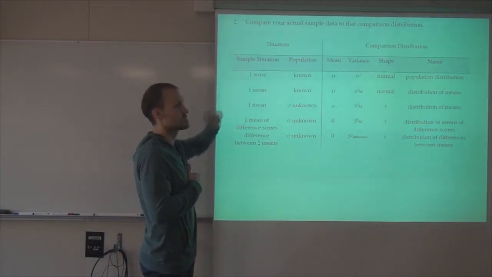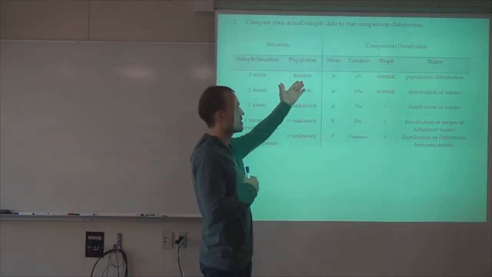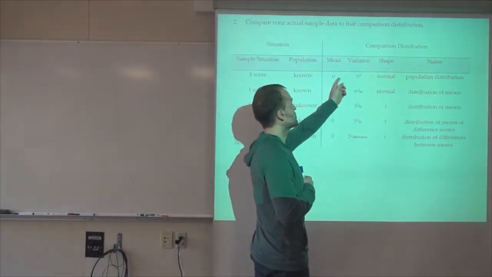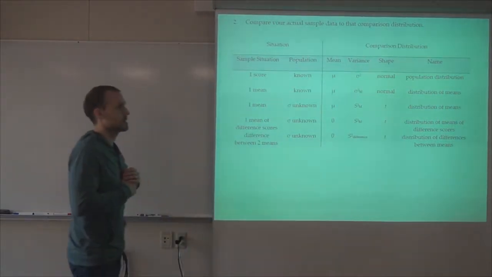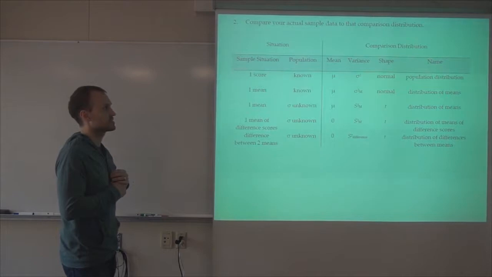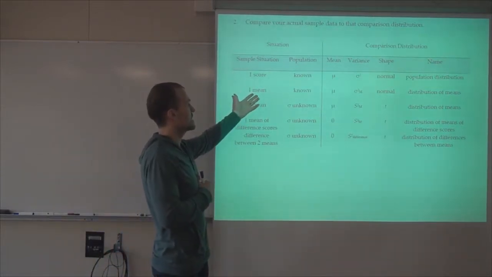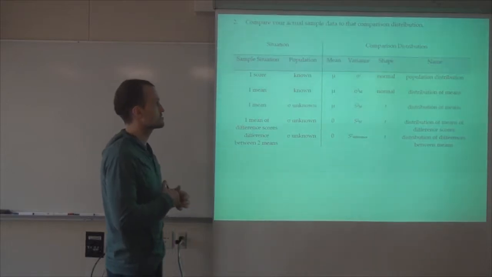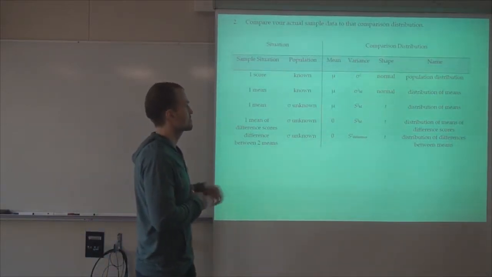If I have a sample of just one score and my population is known to be normal with the mean and the variance known, then I have my basic hypothesis test. I could also have a sample that is greater than just one score.